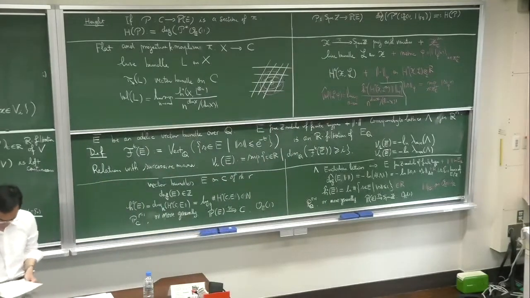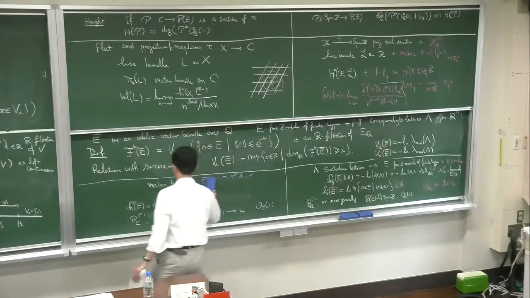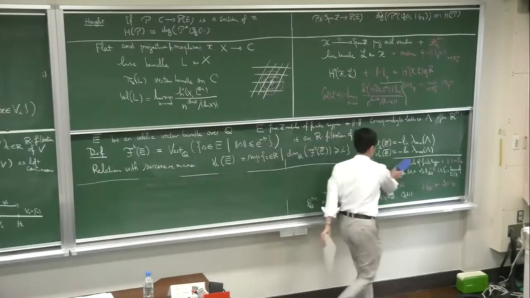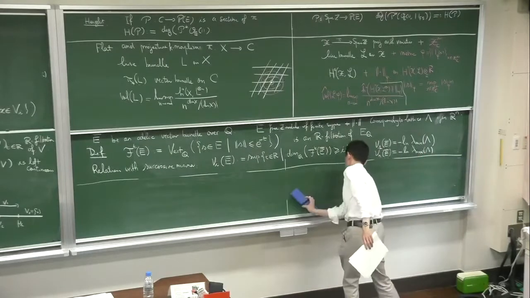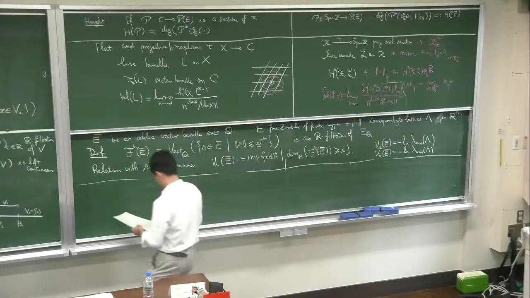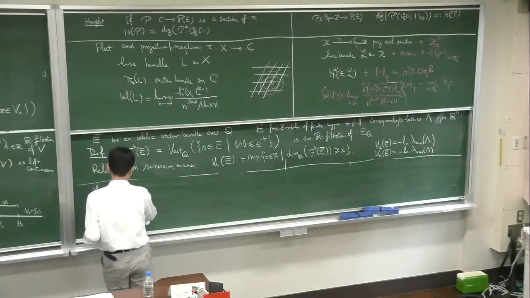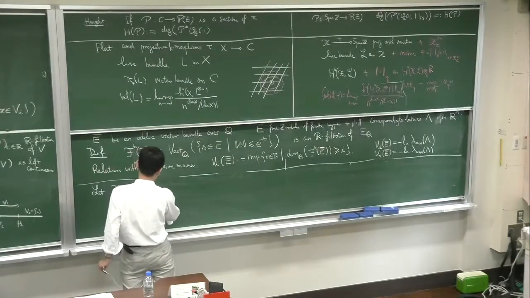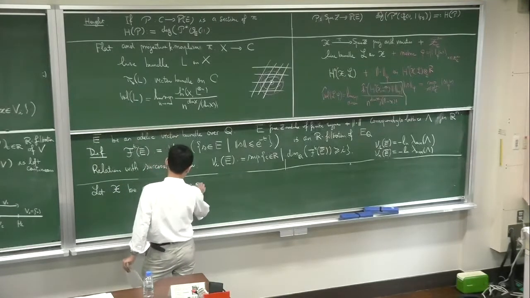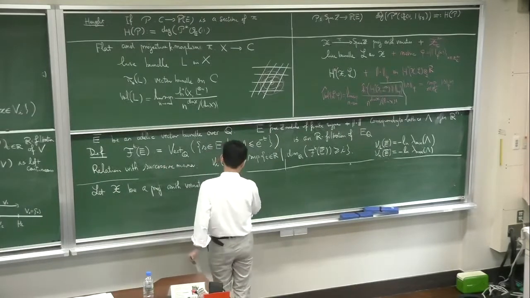So why is such a thing interesting? Now let me go back to higher dimensional arithmetic varieties. Let X be a projective arithmetic variety and L be a Hermitian line bundle.